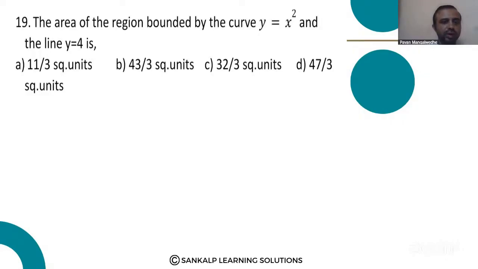Y is equal to x square and y is equal to 4. Just try to get the answer for this. 10 seconds for it. Just try to analyze. The condition is y is equal to x square, and the line is given with the y-axis, that is y is equal to 4.